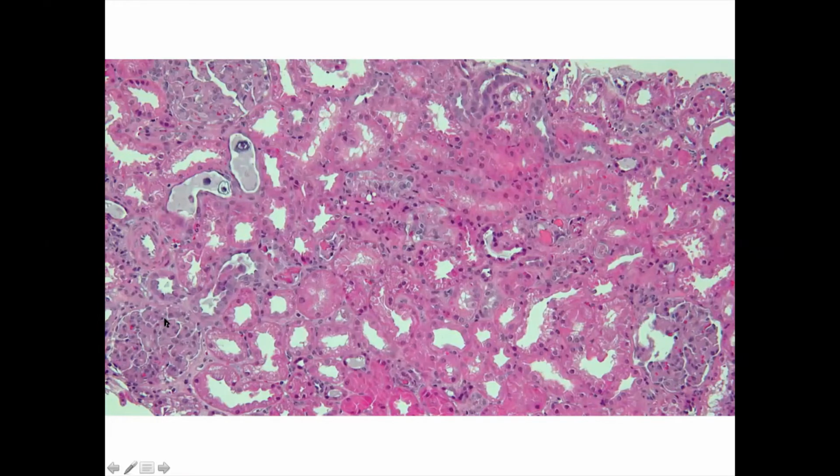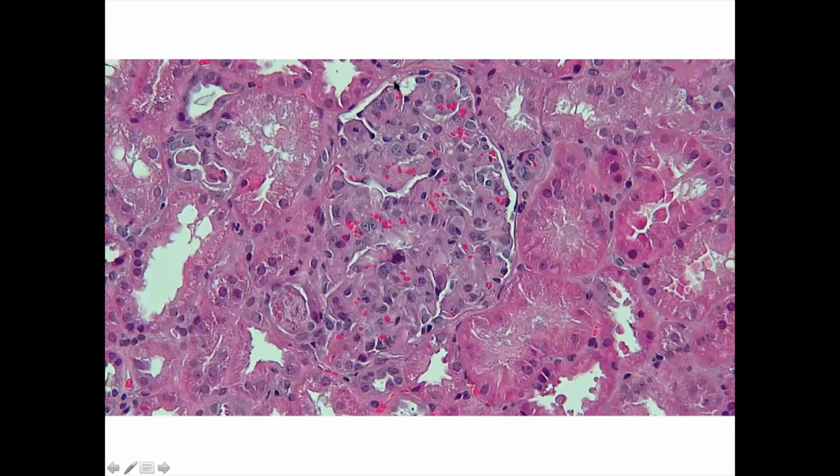So let's go on higher power. We have these glomeruli, all right? And then we have a kind of watery appearance within the mesangium over here. And then we have all these red blood cells sitting inside the mesangium where they don't belong. And the glomerular loops, lumina, they are not patent at all.